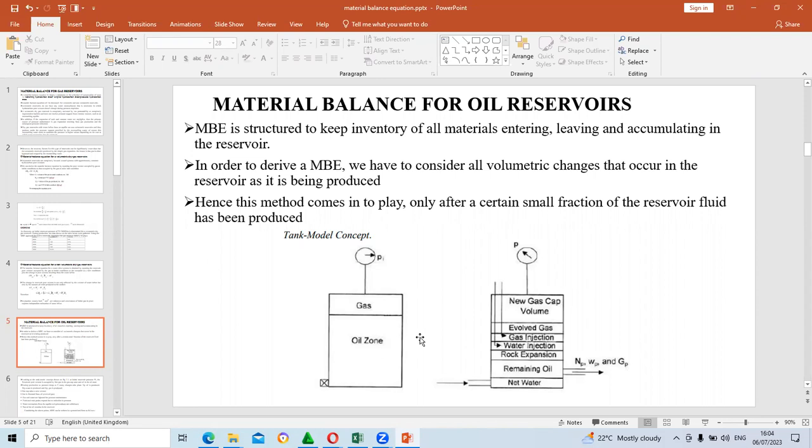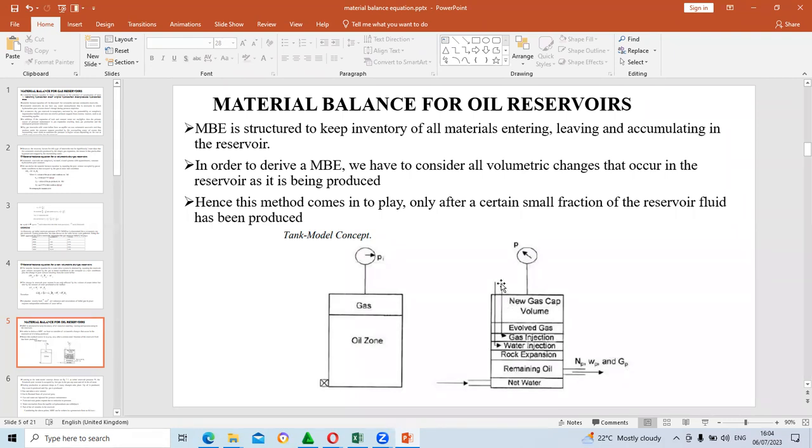So the formula becomes more and more complicated because when the production starts, we have our new gas cap that is there. We have gas that has evolved. If we are now dealing in the enhanced oil recovery stage, we may be talking of gas that is injected. We may be talking of water that is injected.